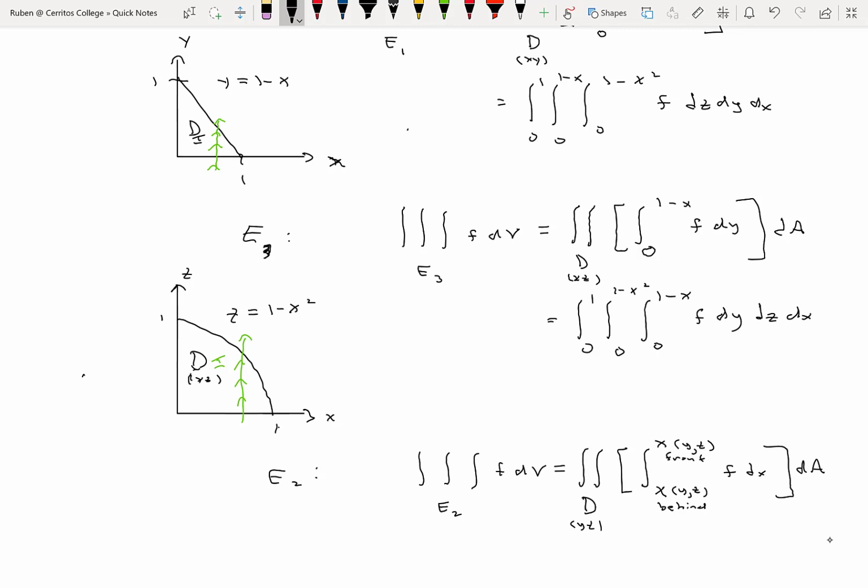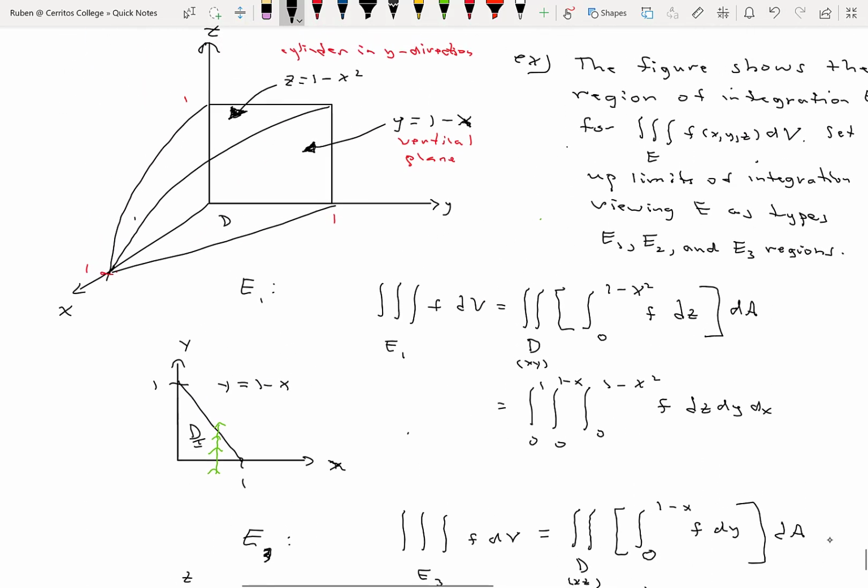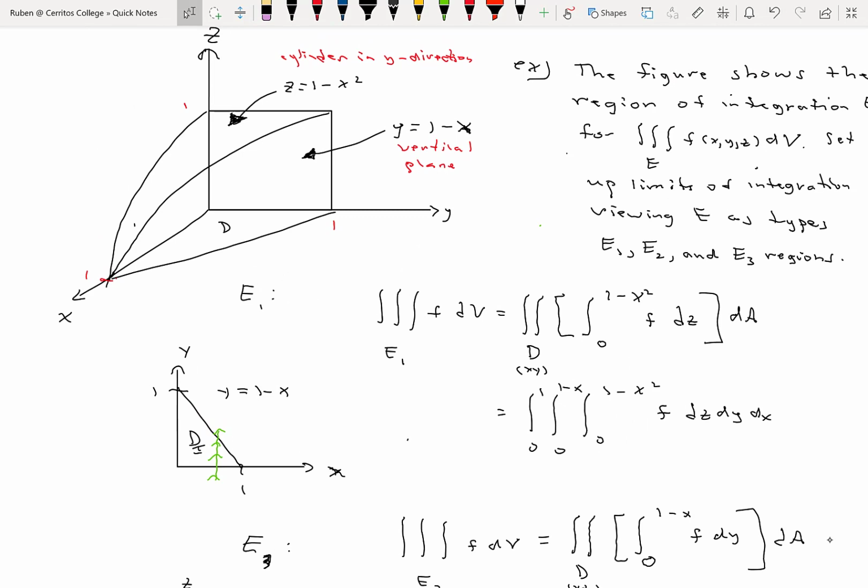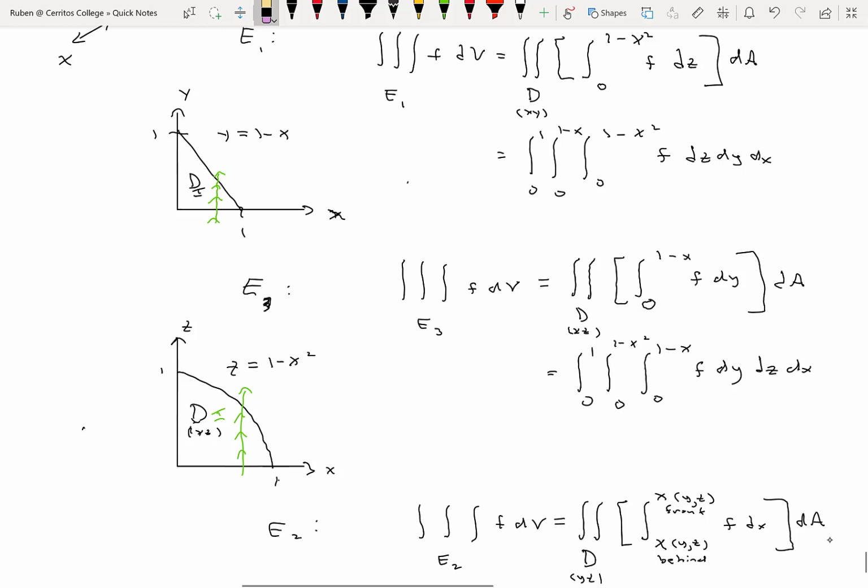I'm gonna go back to our original drawing, and I'm gonna eliminate that little d in the XY plane, and I'm gonna have to look very carefully at my region here. The innermost integral has x behind.